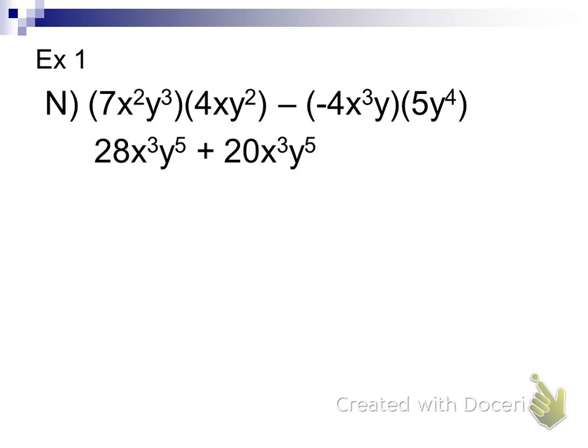Whoa! Why is this not 48x to the 6th, y to the 10th? Because they're both alike. So when I add like terms, what do I add? The base. No, the x. Nope. The term.